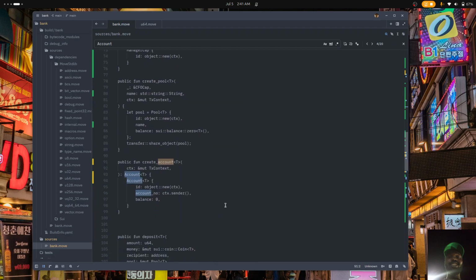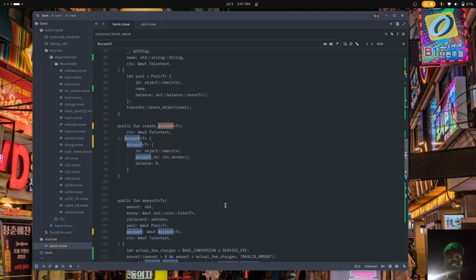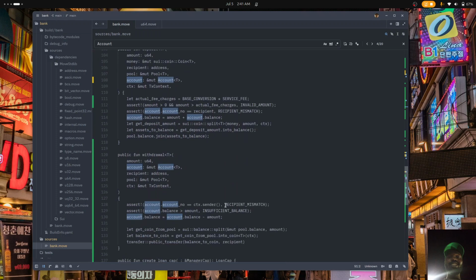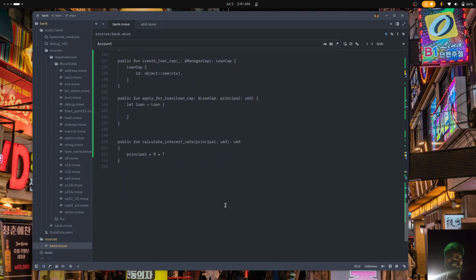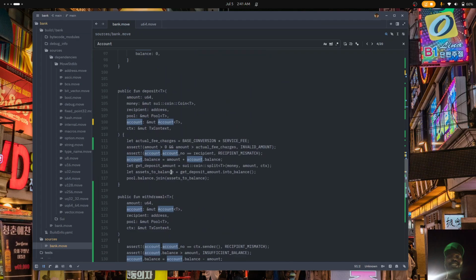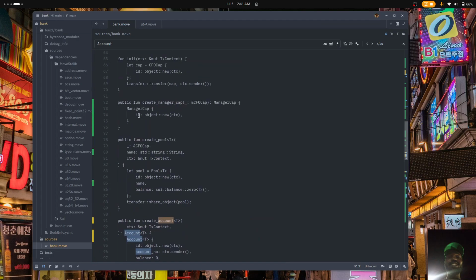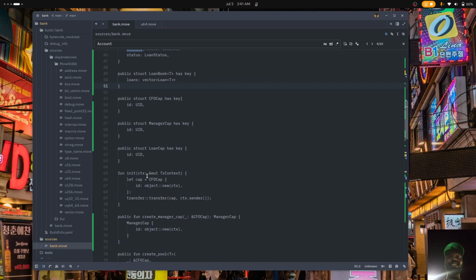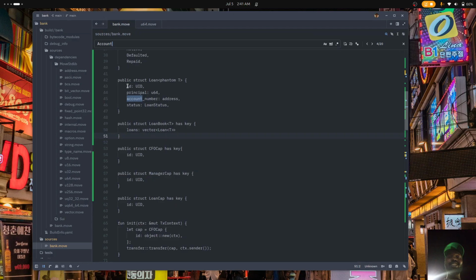So this is what I want. So we want to create loan. We'll create loan right now. So let's quickly grab what is here.